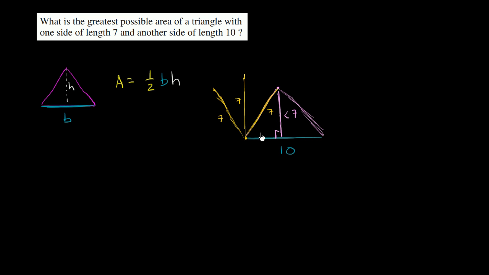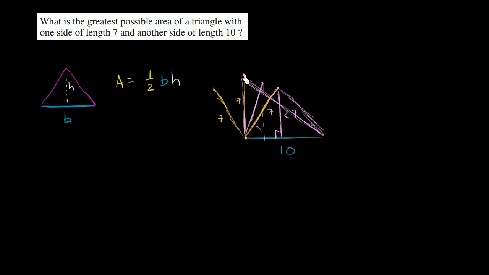So as we increase the angle here, all the way up to here, what happens to our altitude? If we increase this angle, then our altitude increases even more. And if we go all the way up to this point, then 7 becomes our altitude. Here we have a triangle that looks like this, when 7 becomes our altitude.